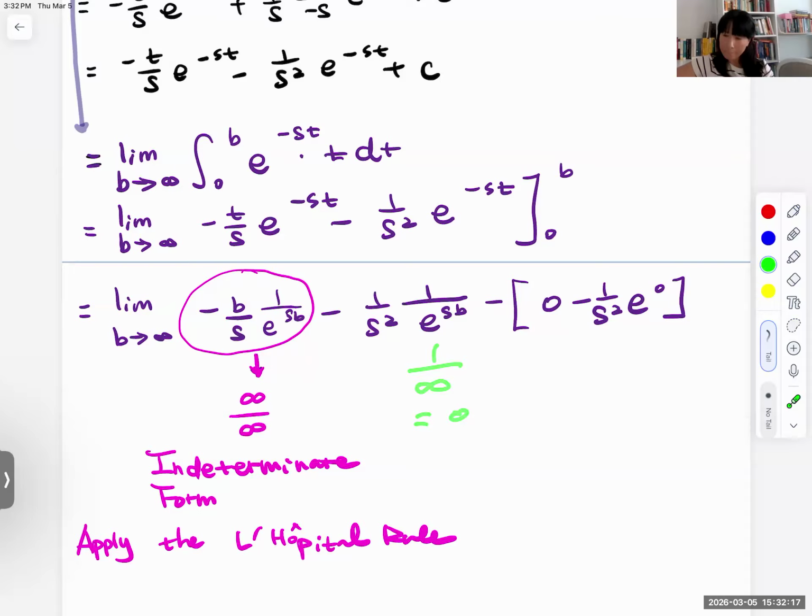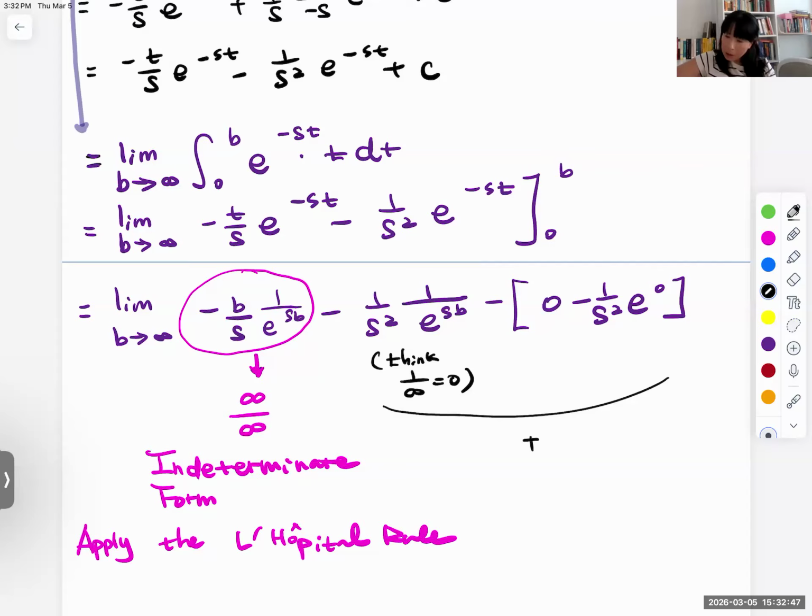So this is 0, this is 0. How about this one? We get negative, negative, which is positive, so that will be positive 1 over s squared.